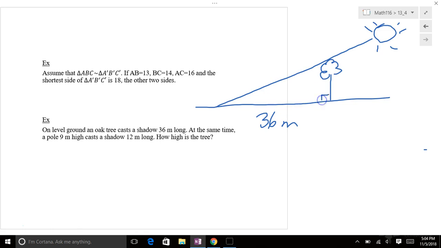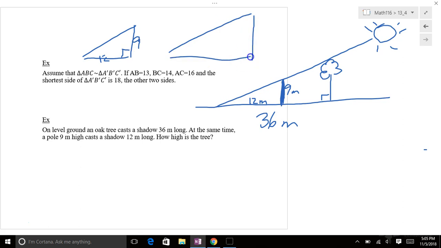So there's the oak tree shadow on the ground. And then you've got this pole at the same time. Here's your pole, and it's casting a shadow right here, 12 meters long itself. So you've got two triangles in there. You've got this smaller one with a 12 meter shadow, and by the way, this pole is 9 meters tall.